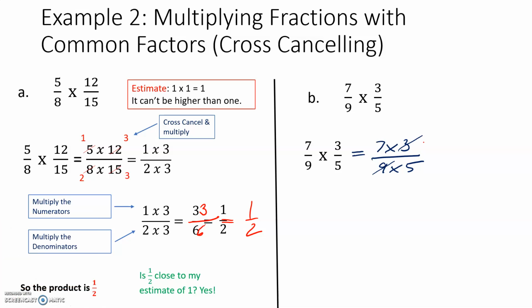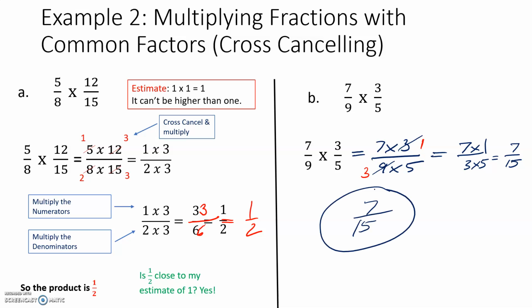So 3 divided by 3 is 1. 9 divided by 3 is 3. Now I could say it's 7 times 1 over 3 times 5. And I get 7 fifteenths. And 7 fifteenths is already simplified. All right, we can't go any further.